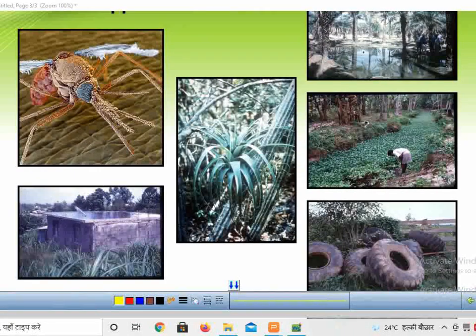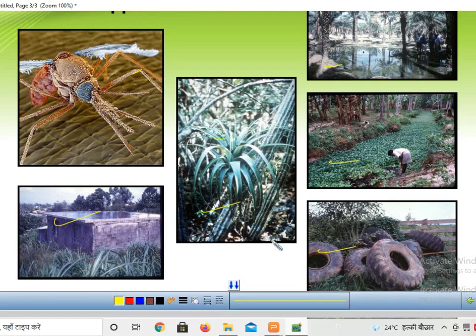Okay, in this picture you are seeing all these factors are helpful for the growth of mosquitoes, because they breed and increase their numbers. ठीक है, so these are helpful for them. This is the suitable environment for the growth of a mosquito.